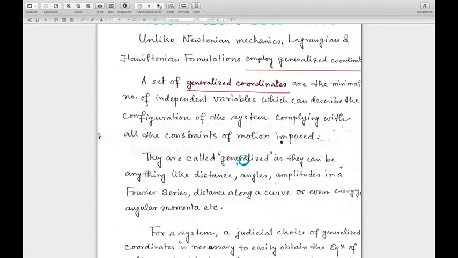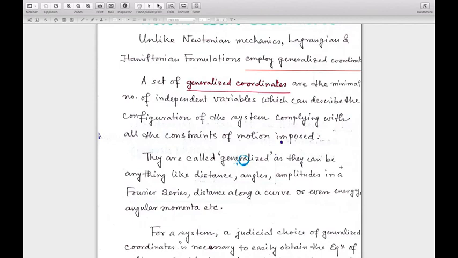So whenever something is equal to a constant or related to something by some algebraic equation, you have a holonomic constraint. If you have an inequality, maybe I will give you a small overview of constraints in some discussion session.